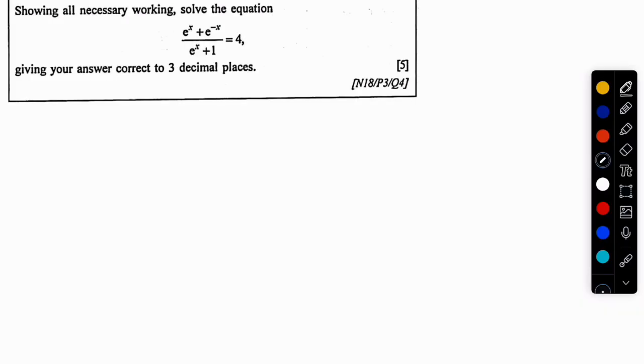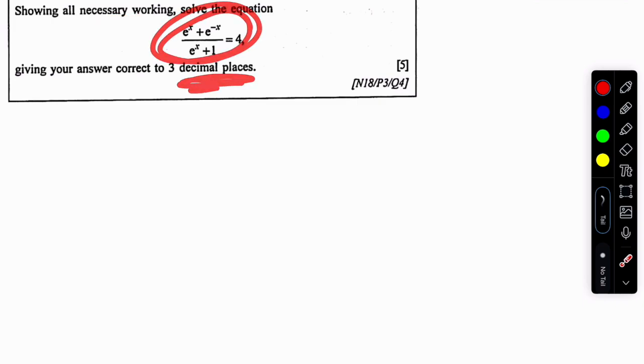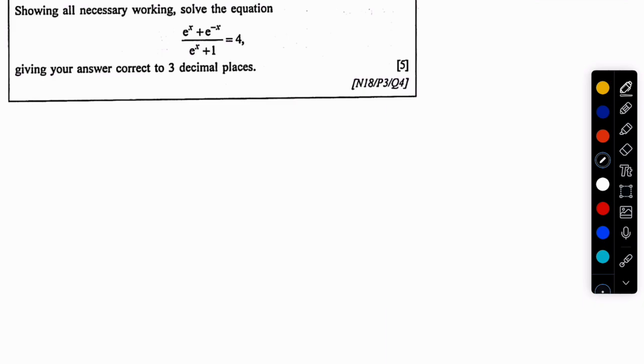Alright guys, so now we've got a similar type of question where it says, showing all necessary working, solve the following equation to 3 decimal places. So the way we go about doing this is firstly we're going to expand out, okay?